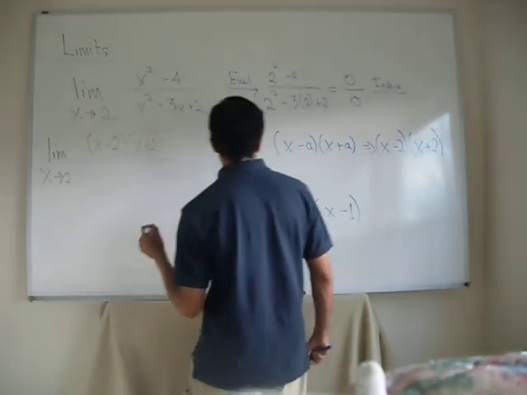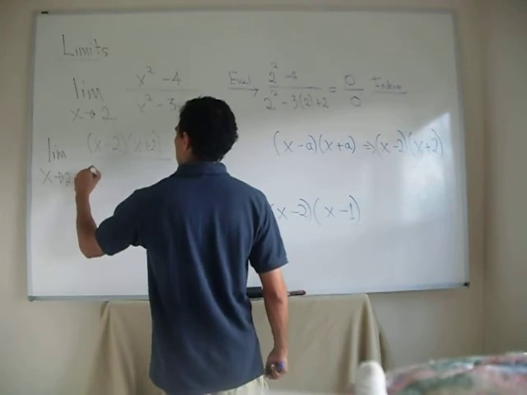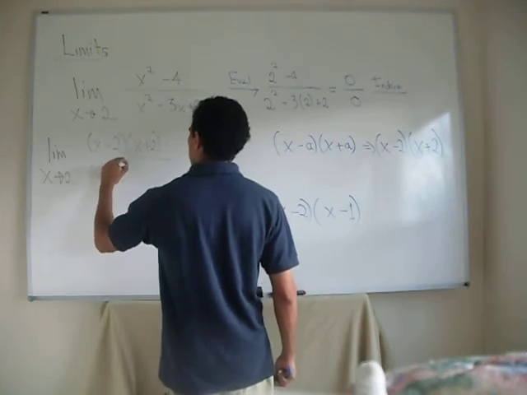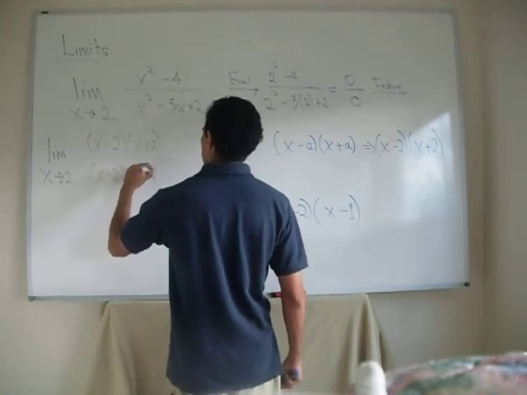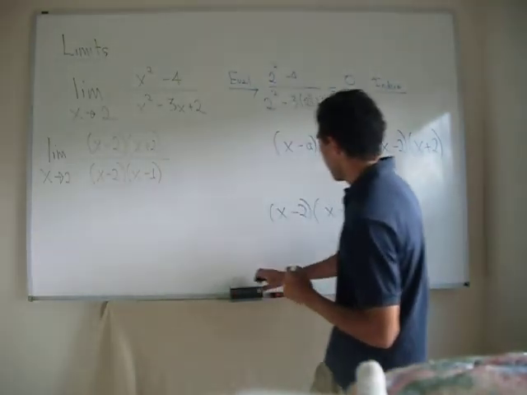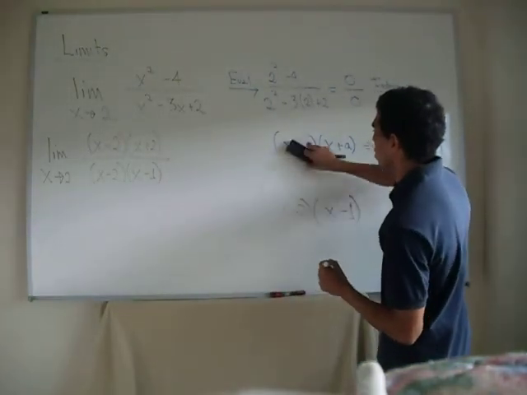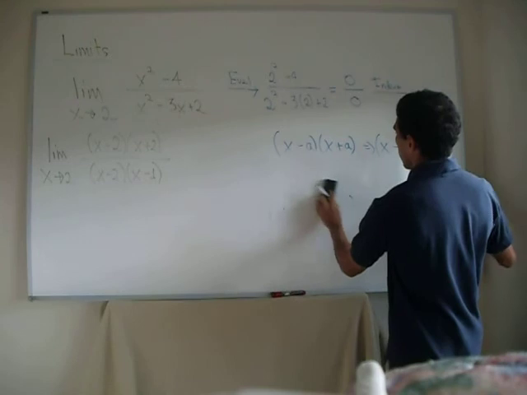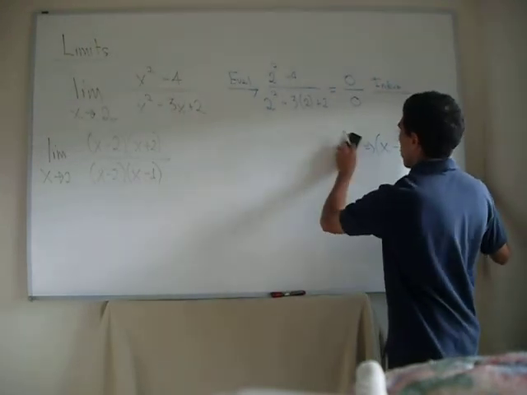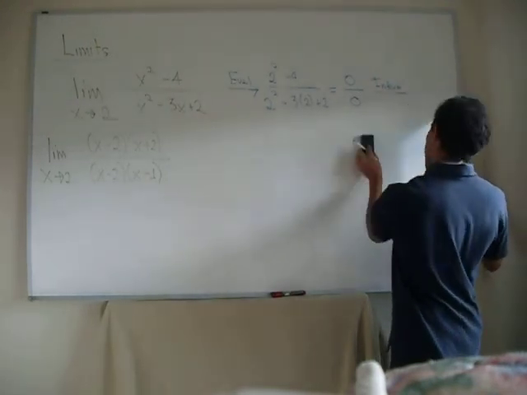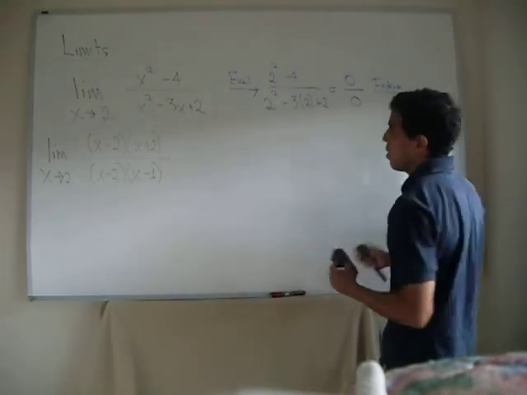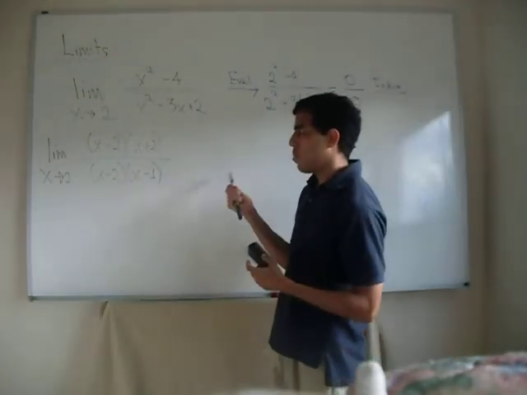Bottom part, or lower part, is going to have x minus 2 times x minus 1. And I can erase this part. So, now we have simplified, we have rearranged, we have rewritten the function that is being limited.